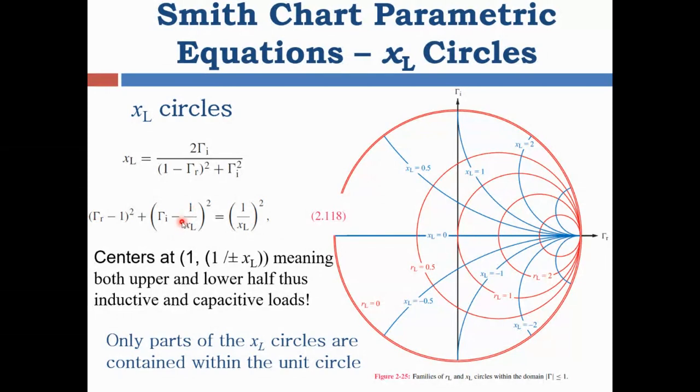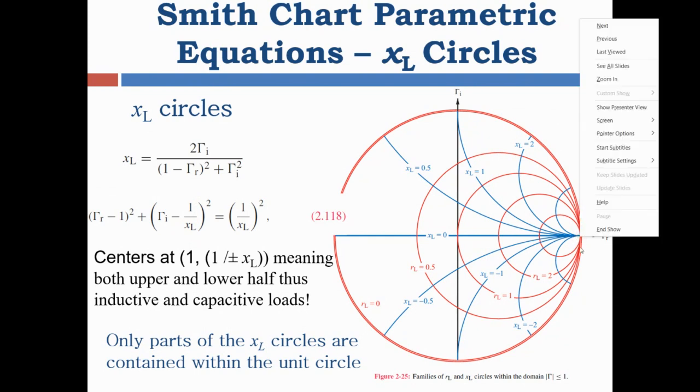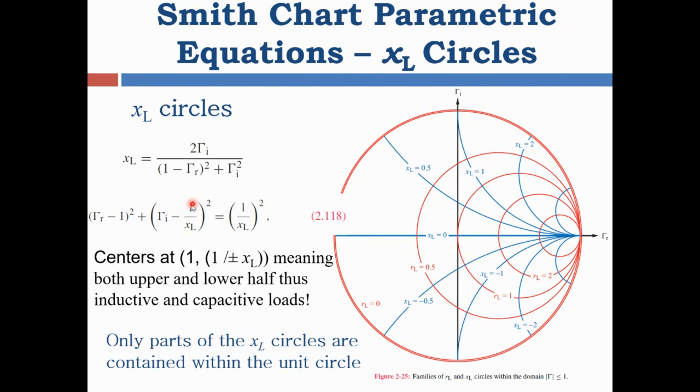The other thing that we want to notice is that the center is always 1 in x and 1 over x of L in y. Now look at all these circles. If you draw these circles, their centers are always going to be at 1 over here, and then up here or down here, depending on 1 over x of L, whatever that number is, which is the y part of it.